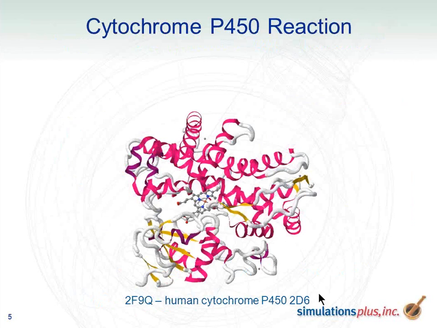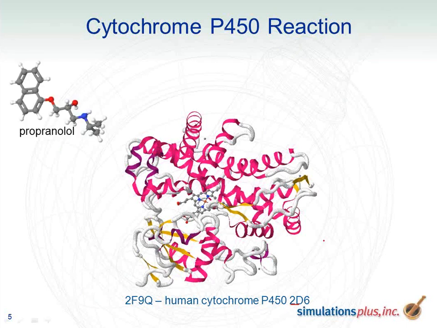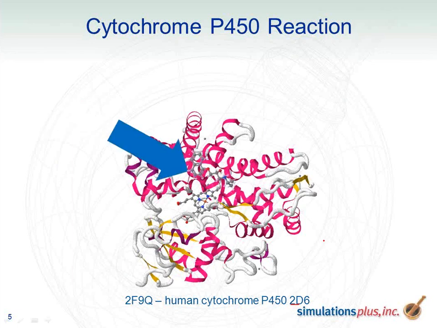This next slide is just an illustration of a cytochrome P450 reaction. So this is a crystal structure of cytochrome P450 2D6. So a molecule such as propranolol would bind to the receptor.